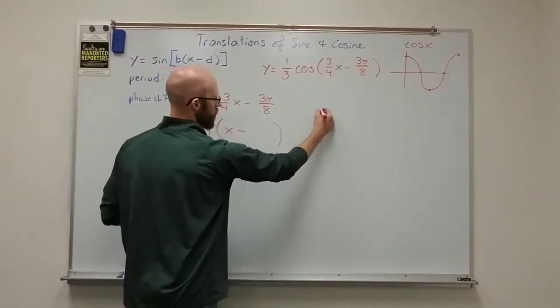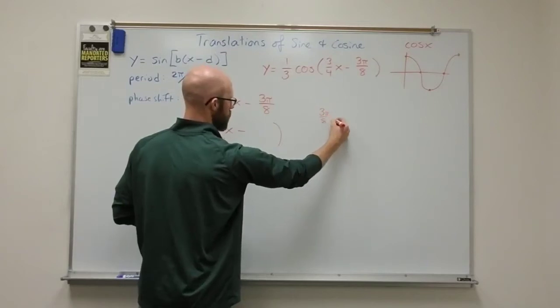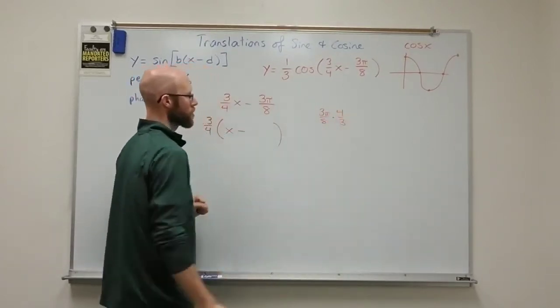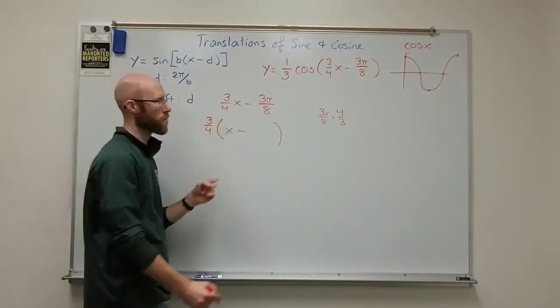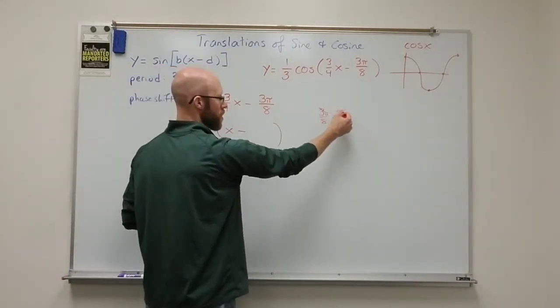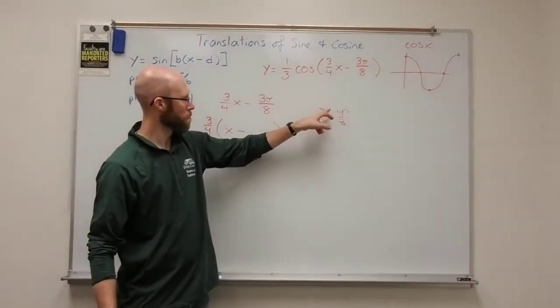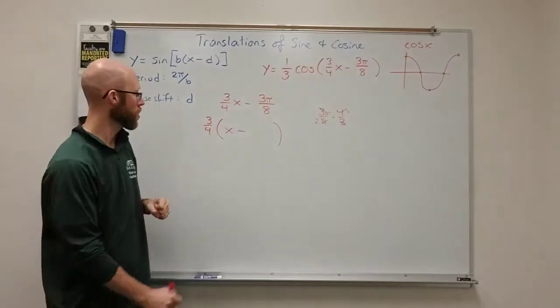Okay, so if I take 3 pi over 8, multiply by the reciprocal, which is 4/3, right, reciprocal of 3/4. The 3's cancel, the 4 and the 8 reduce, and I'm left with pi over 2.